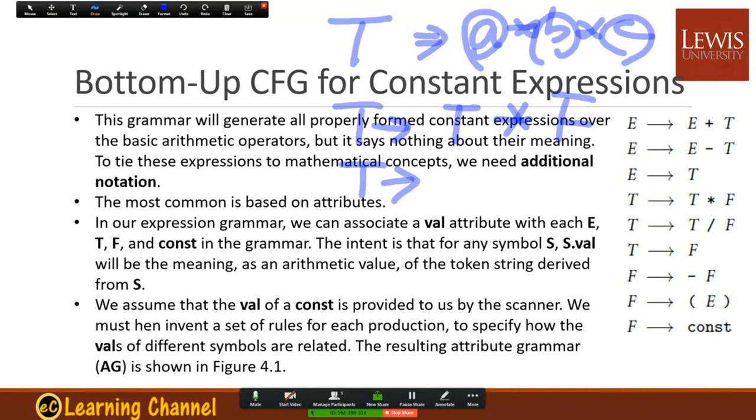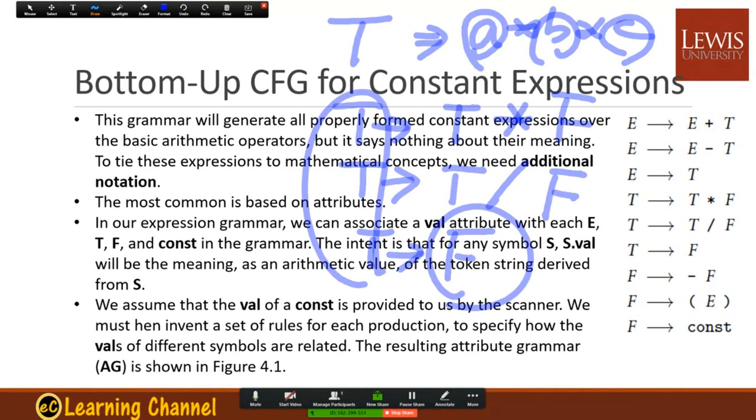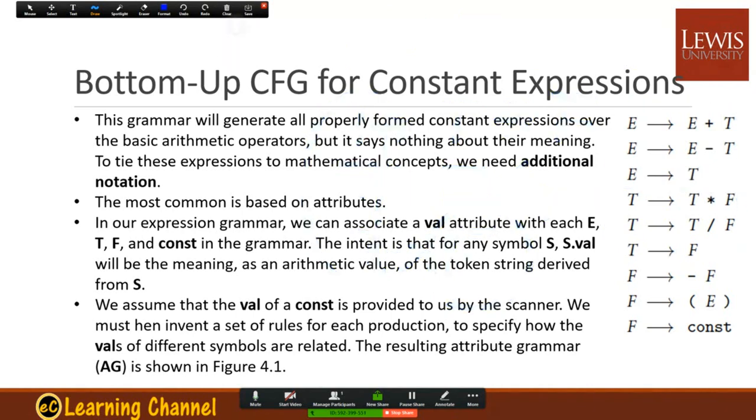And term can be a term divided by factor. And then term can be a factor. So in fact, term is built upon factor. And this grammar tells you that. And this one is similar.